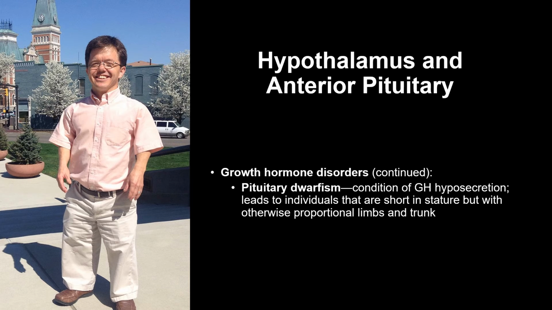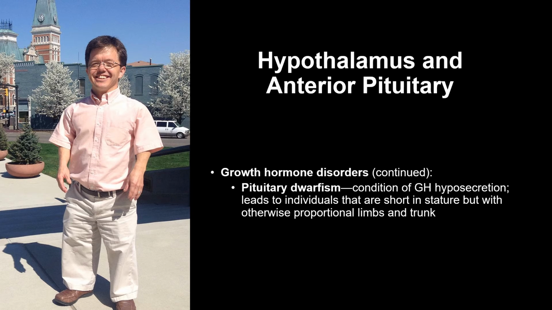And so there's hyposecretion disorders as well. A person that undergoes hyposecretion of growth hormone before puberty is considered to be a pituitary dwarf with pituitary dwarfism. People with this condition are generally short in stature, but their limbs and their trunk are proportional.